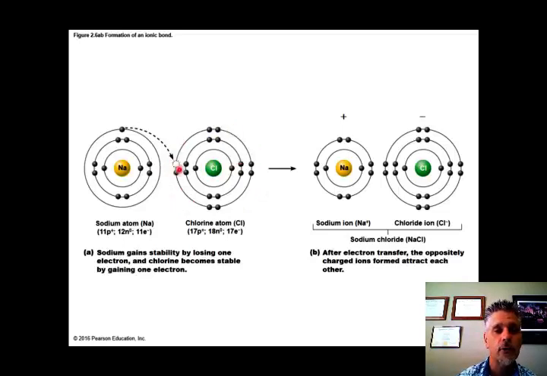It's looking for another one to feel complete, and sodium is happy to effectively kind of donate that, right? So that's what we see here, is that this is an electron donation, if you will, from sodium to chloride. And what we have here then is this creates this ionic bond where we have a positively charged sodium ion that is associated with a negatively charged chloride ion. And so they combine to make sodium chloride, which is table salt.